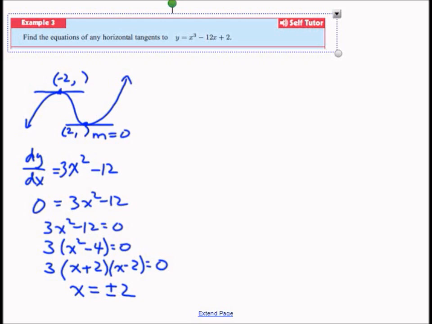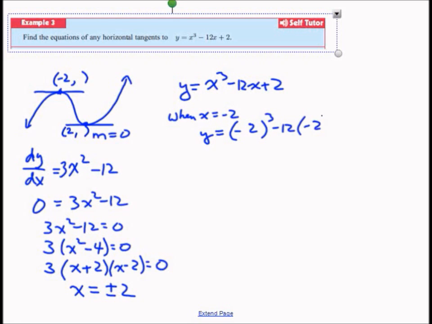Now we're going to need to know what the y-coordinate is. This is a horizontal line, so the y-coordinates will tell us what the equation of those horizontal lines are. In our function x cubed subtract 12x plus 2, when x is negative 2, y equals. Make sure you're substituting properly.